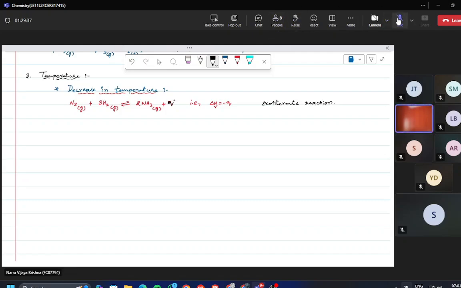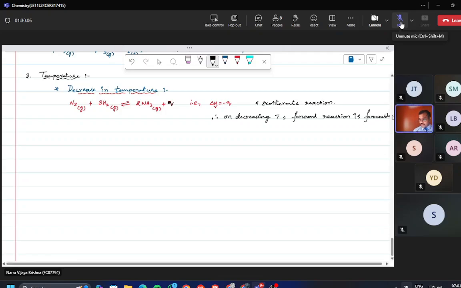Forward. So equilibrium shifts in forward direction. Understood? So this is exothermic reaction. Therefore, on decreasing temperature, forward reaction is favorable.